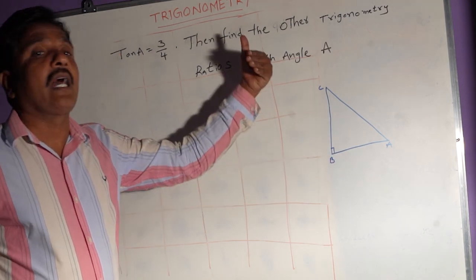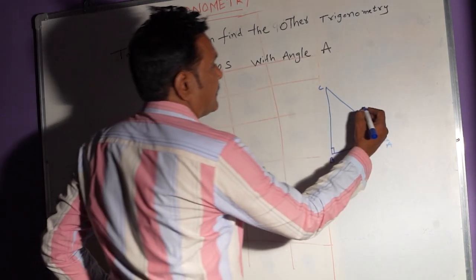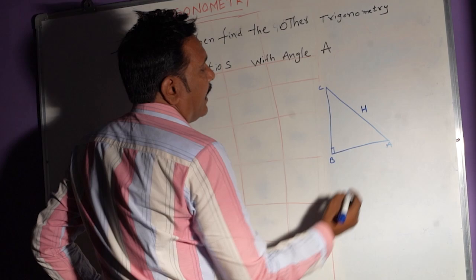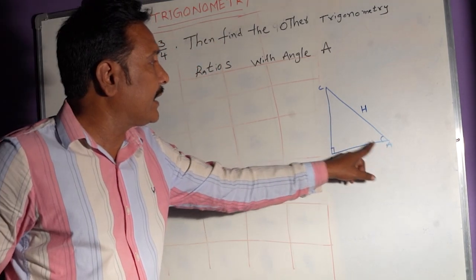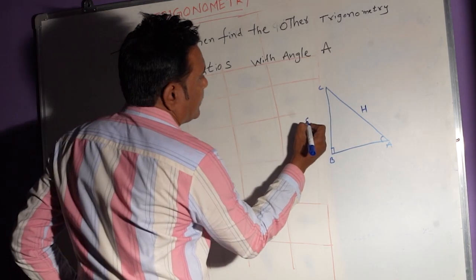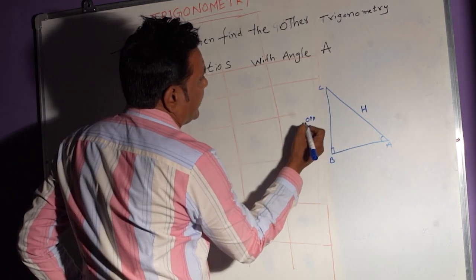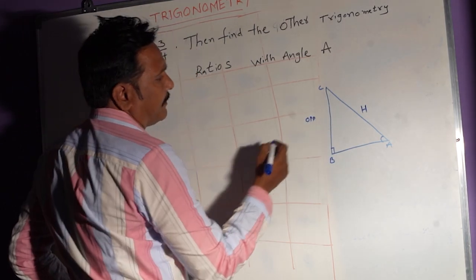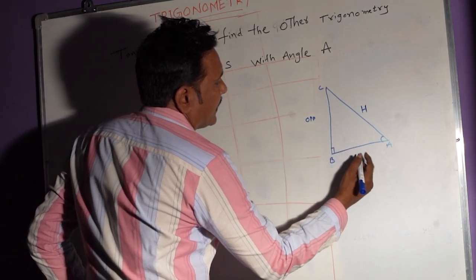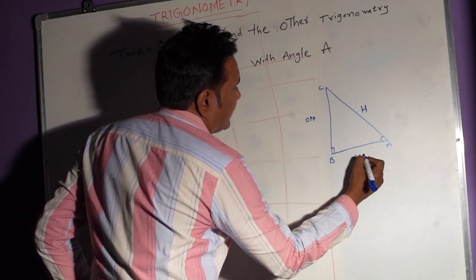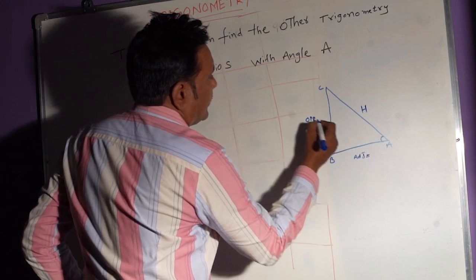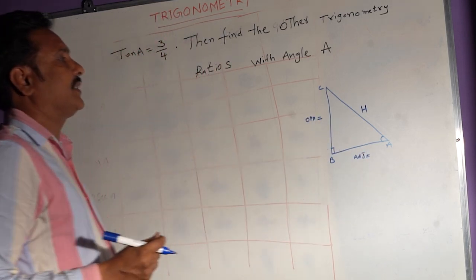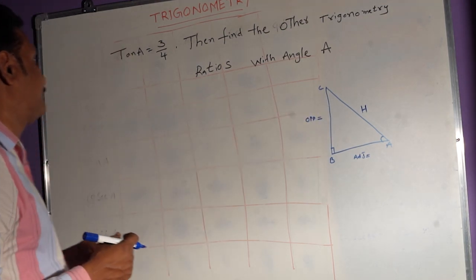Always the side opposite the right angle is the hypotenuse, and I will see from the angle A. Angle A, this one is the opposite. Opposite means this one is the perpendicular, and this one is the base, that is the adjacent. This one is base, this one is perpendicular, this one is hypotenuse.